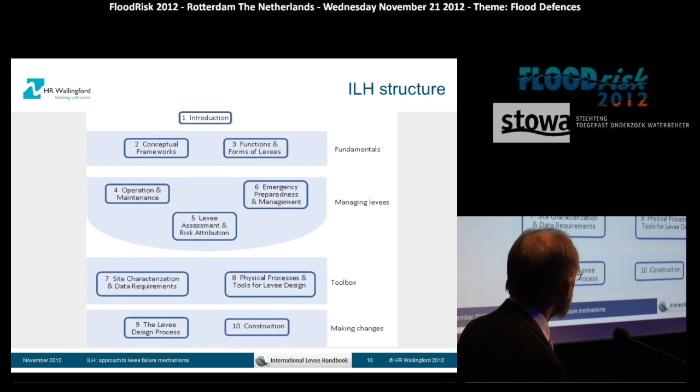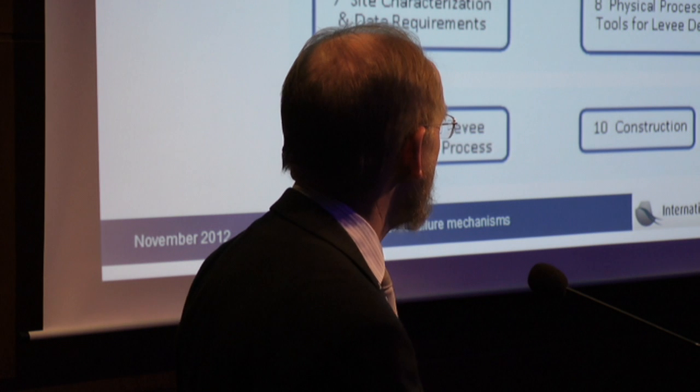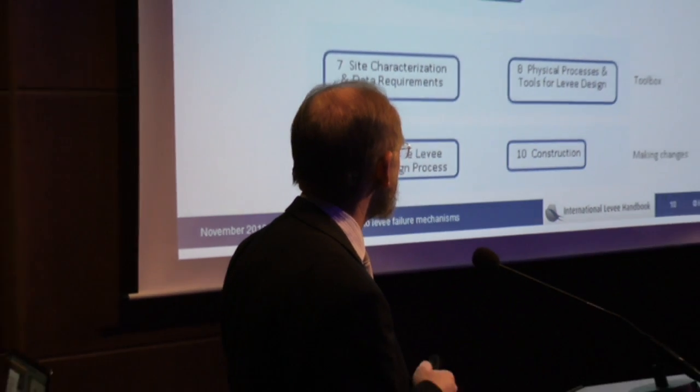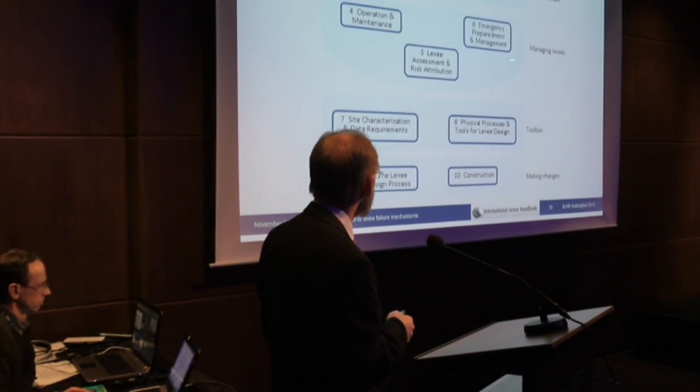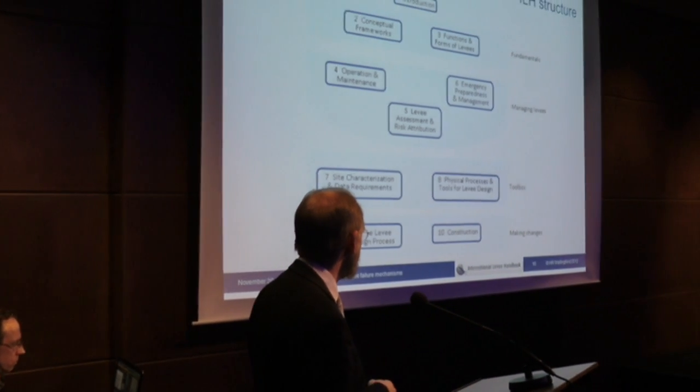So moving on then, this is the structure of the handbook, so you have some kind of idea of what that's about. We have basically four main parts after the introduction. We have something which deals with the basics, the context and something about functions, form and failure, and then we've got basically sections which are designed for two main readership groups.